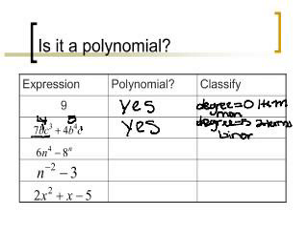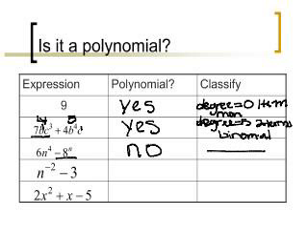Okay, the next one, 6n to the 4th, so that is a monomial, but our second term, the 8 to the n, that is not a polynomial. Remember we said that you cannot have a variable exponent. So this one is not a polynomial, so therefore we do not classify it.